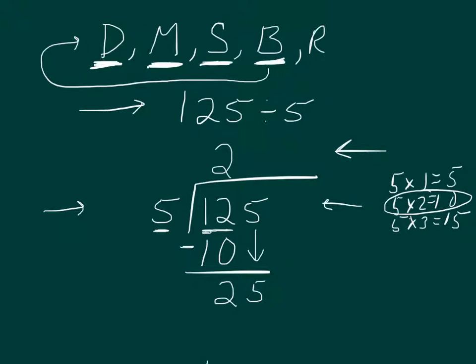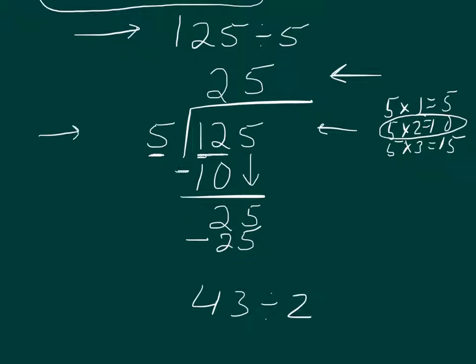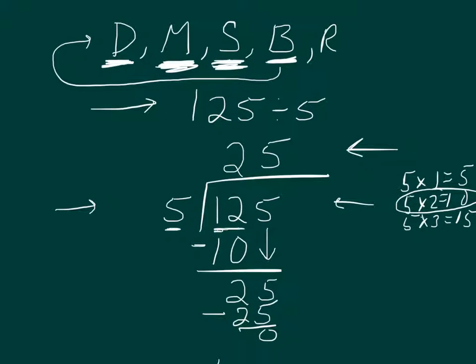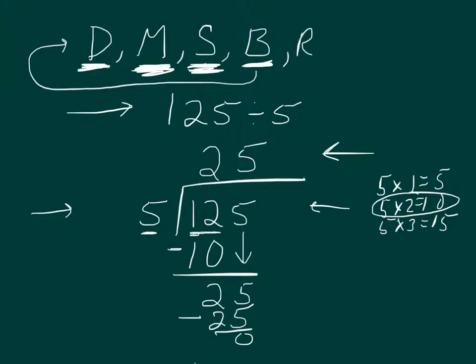Okay, now I go back to the front again and do the whole thing over again. So 25 divided by 5, 5 goes into 25 5 times, I know that. So I multiply 5 times 5, it's 25. I subtract, and I get 0, and then I go to bring down, because bring down is the next step, but there's nothing left to bring down.